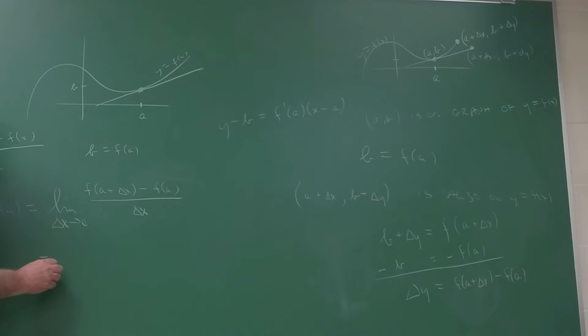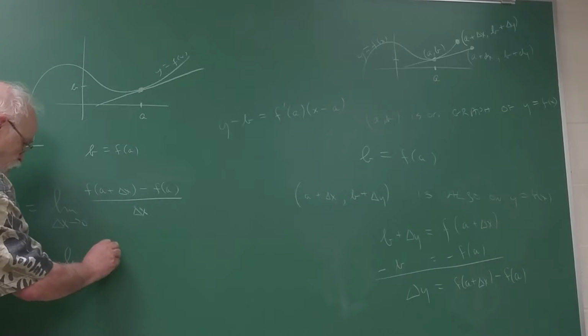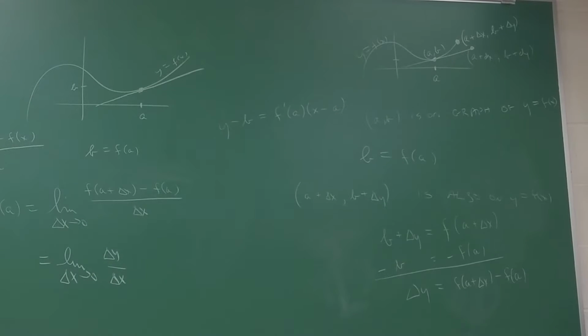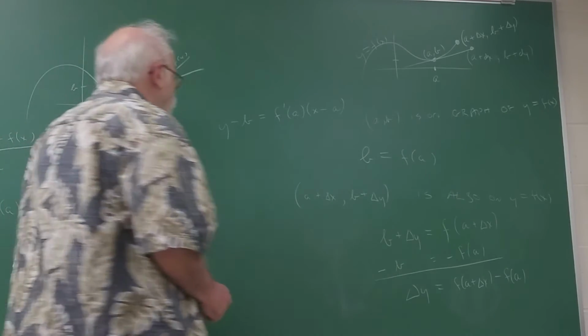So this derivative is actually the limit as delta x goes to 0 of delta y over delta x. Now, what's the other notation for the derivative in Cal 1? dy dx. Okay.